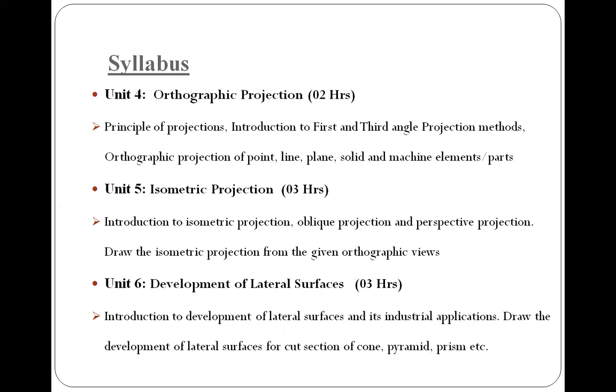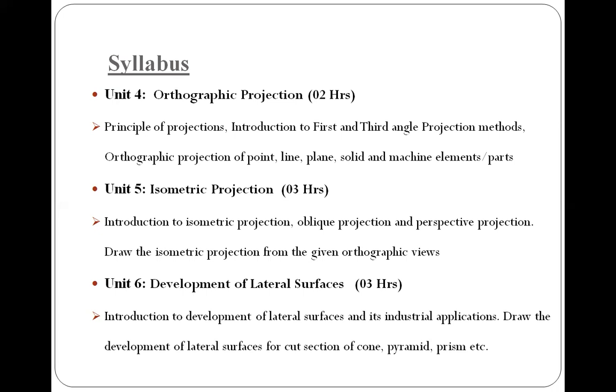And in unit number 6, we'll learn about the development of lateral surfaces. Development of lateral surfaces means, suppose there are various types of solids like cone, cylinder, prism and pyramid. After taking the section, the remaining part we have to develop. We'll develop the truncated objects, like pyramid, cone, cylinder and prism.